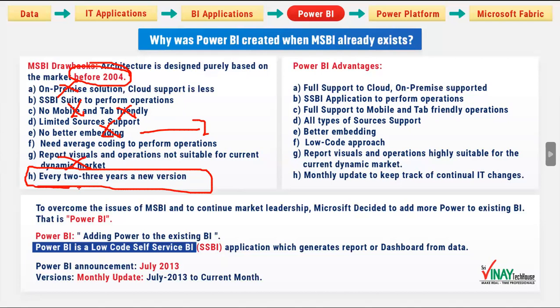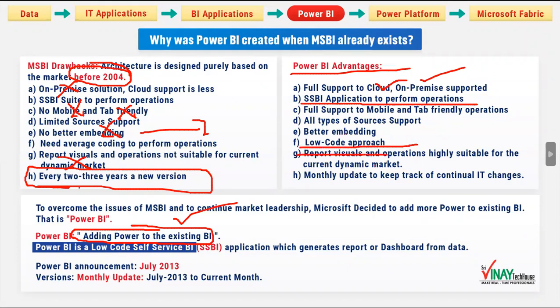So Microsoft decided to announce a new power-added component, that is Power BI, adding power to the existing BI. So Power BI: full support for cloud and on-premises, a single application to perform all the operations. It's a low-code application, many visuals available.